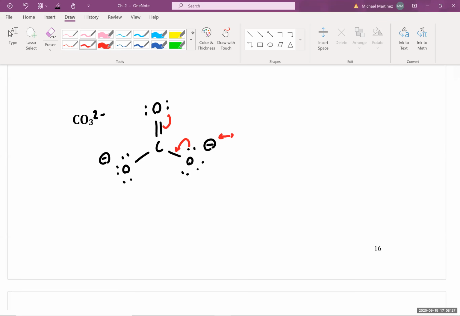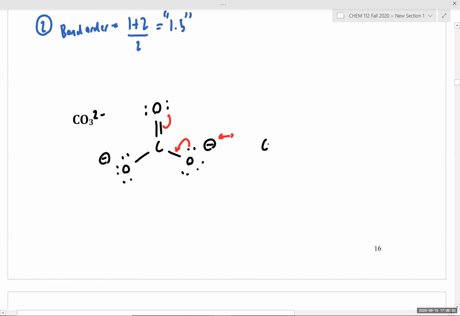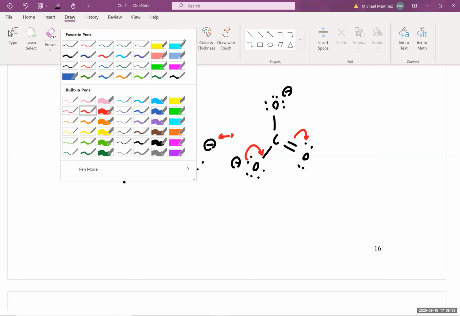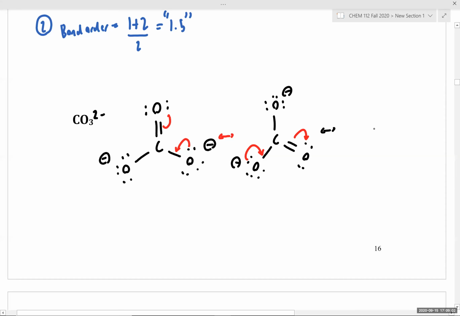So let's generate two resonance structures using our arrow pushing method. We kick our lone pair down, and our double bond breaks accordingly. Continuing this process, we can draw one more major contributing resonance structure. And that in turn gives us the following set of resonance structures.